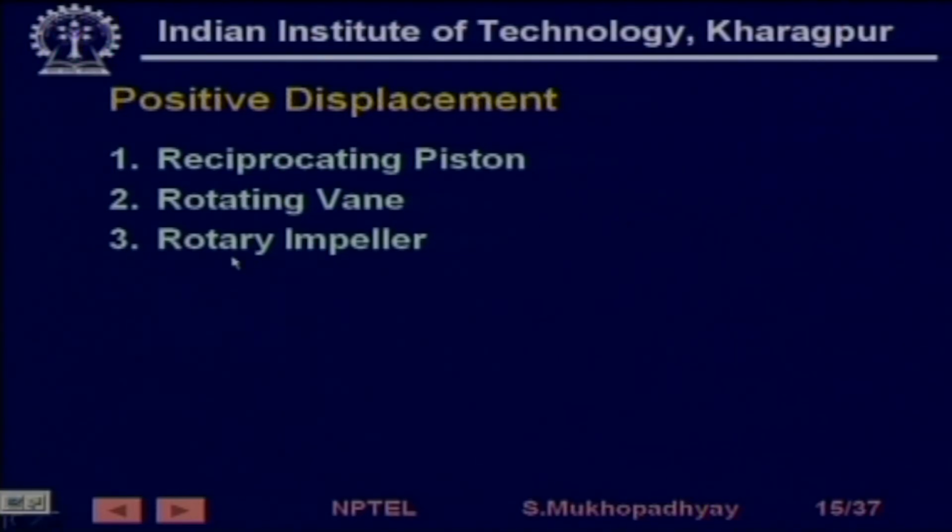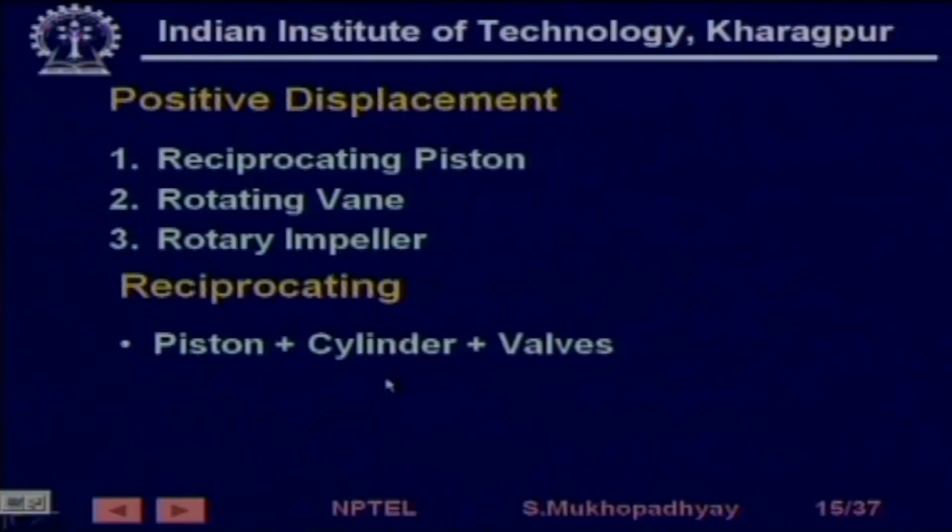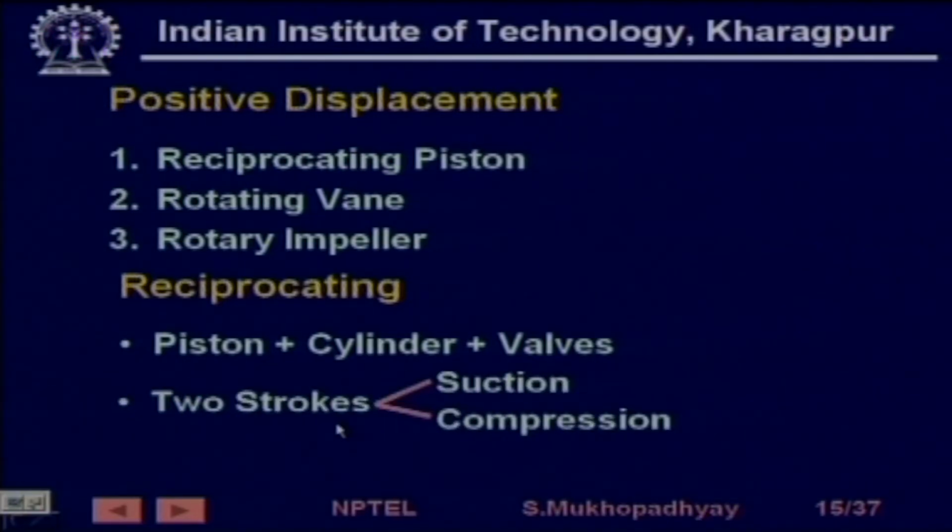So, either you have rotational designs or translational designs, but in each case one cycle of rotation or one cycle of to and fro motion will take a certain given volume of air from the low pressure inlet port and push it into the outlet port.